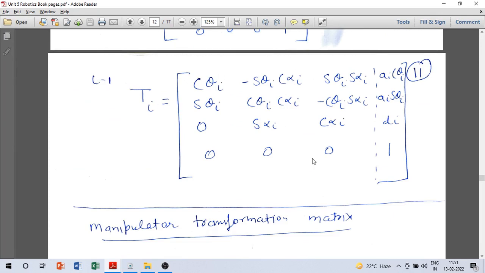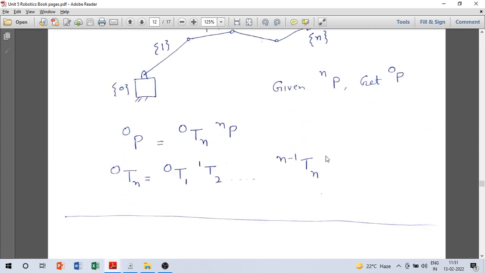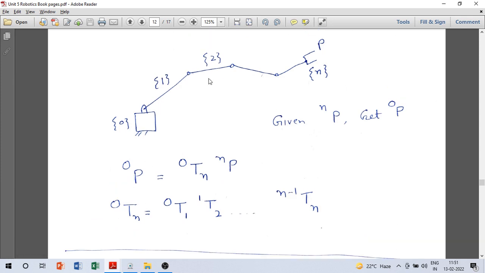Correspondingly you have this matrix based on those DH parameters. You have 1T2, 2T3, and so on, and we just multiply them, so we get this transformation matrix for the entire robotic manipulator. That is what we are interested in.